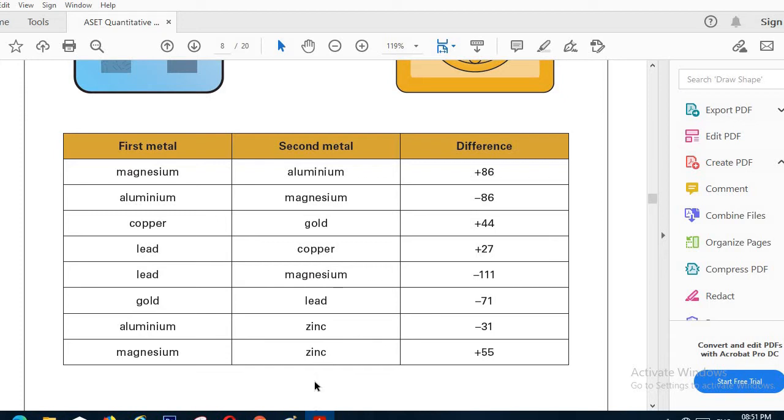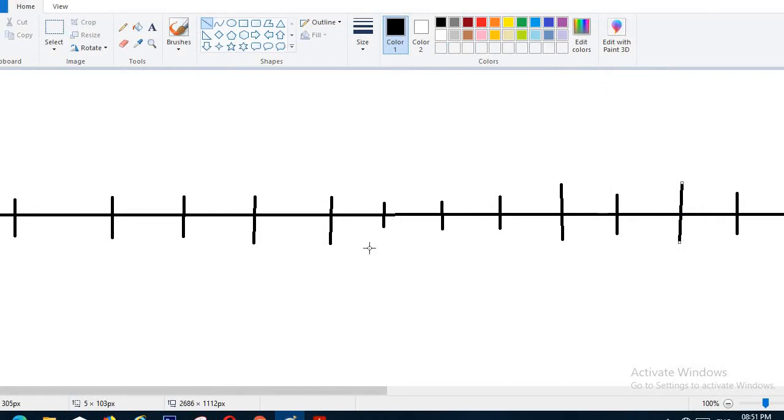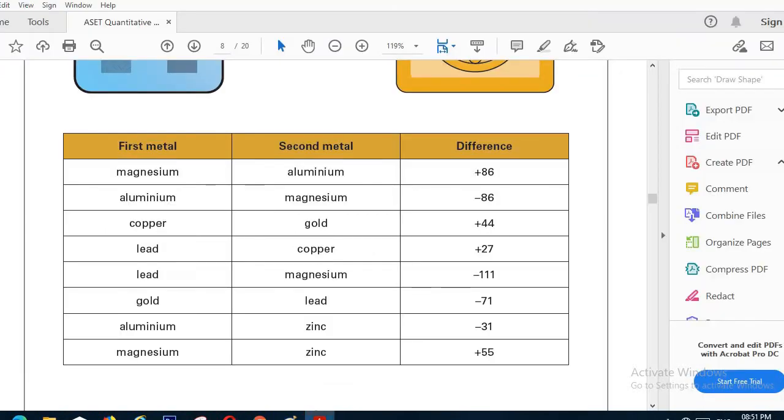Let's see. I have made a number line here, and let's start with the first row, which has magnesium, aluminium, and the difference. The difference here is plus 86, that is positive.